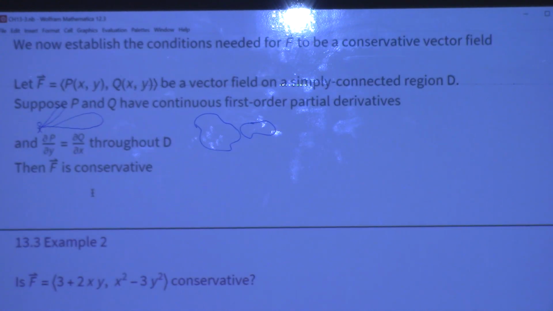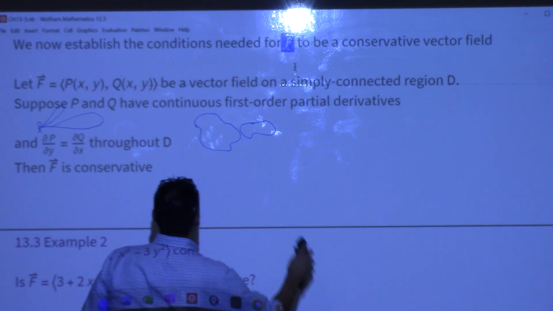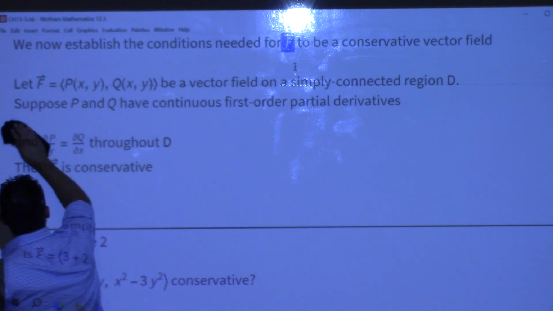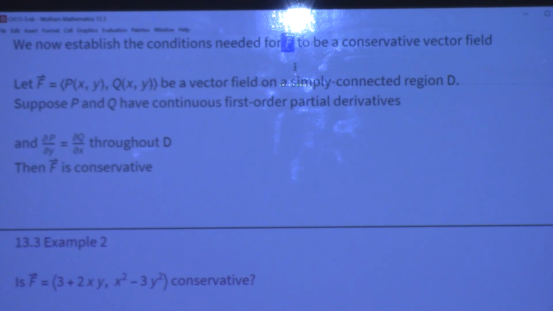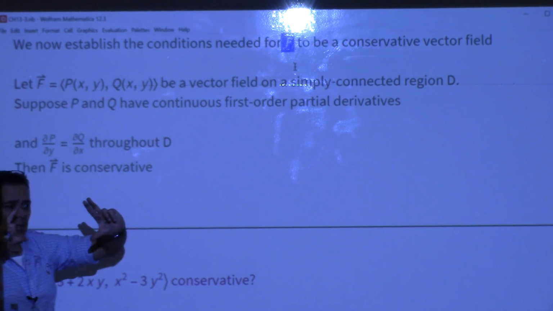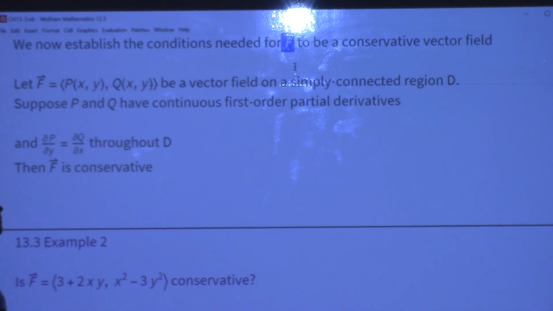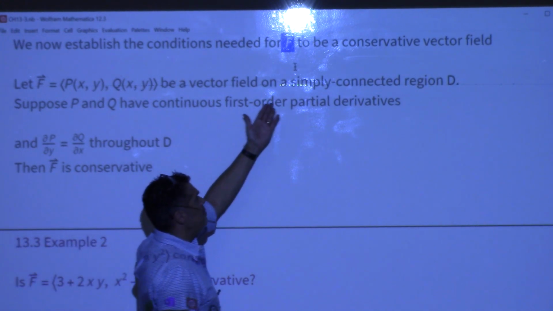So now we establish the conditions for F to be conservative. If somebody gives you a vector field, we now have a very simple way of checking to see if it is conservative. Let's say someone gives you a two-dimensional vector field, two-dimensional only. This does not work for three-dimensional. Let that vector field be defined on some simply connected region.